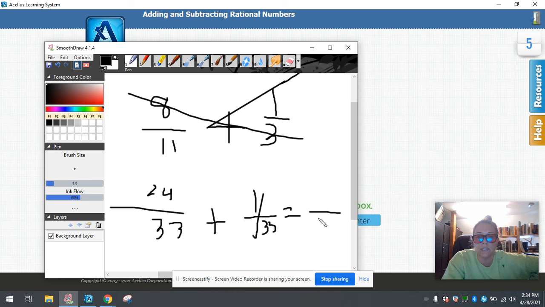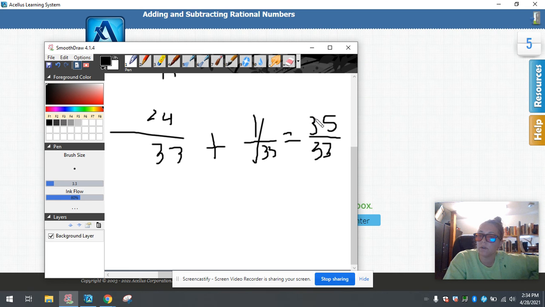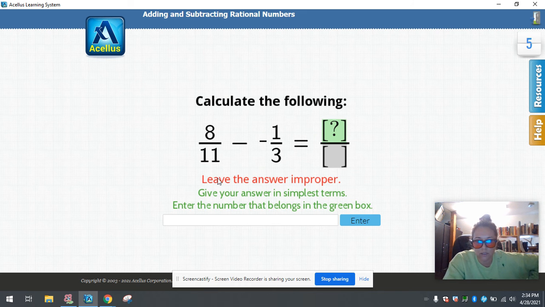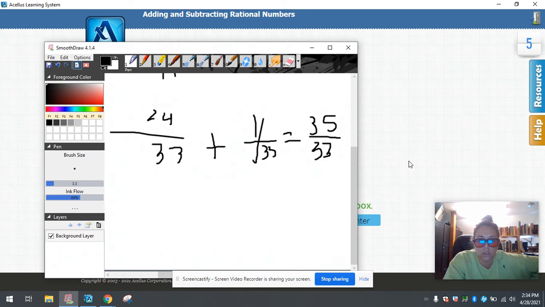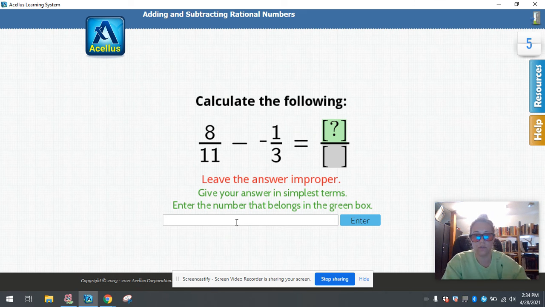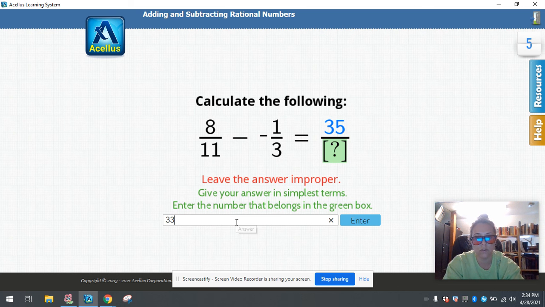The denominator stays the same. 24 plus 11 is 35. So I get 35 out of 33. If I were turning this into a mixed number, I'd have 1 and 2/33. But the instructions say leave as improper, so we're going to go 35 over 33.